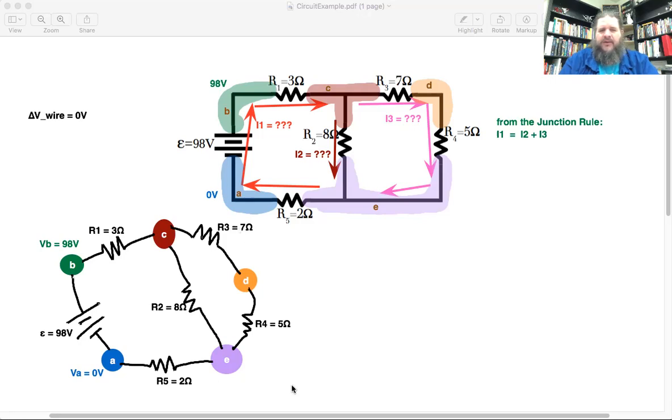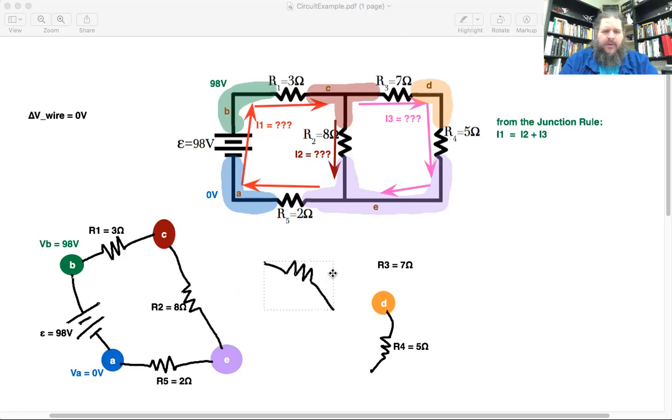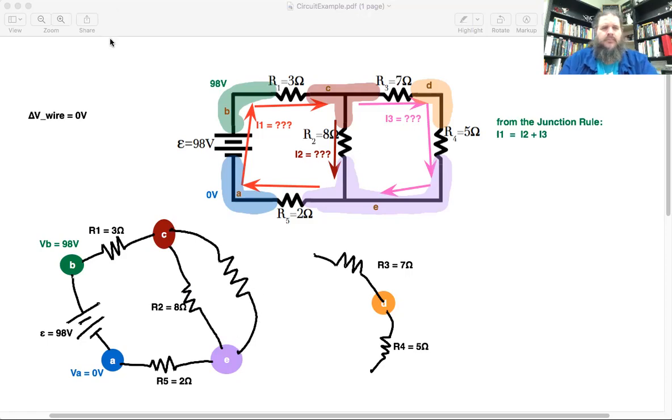Yeah, since they're in series, we can just add them together and say resistors 3 and 4 together act like just 12 ohms. So let's set this aside for the moment and replace it with just a single 12 ohm resistor. And we could call that R34 as the combination of 3 and 4.